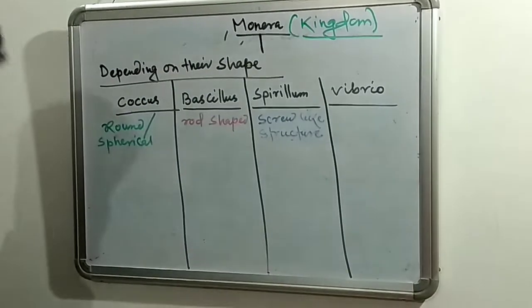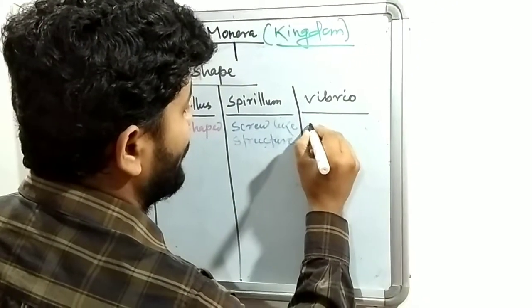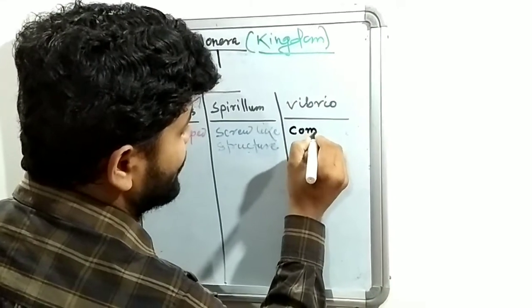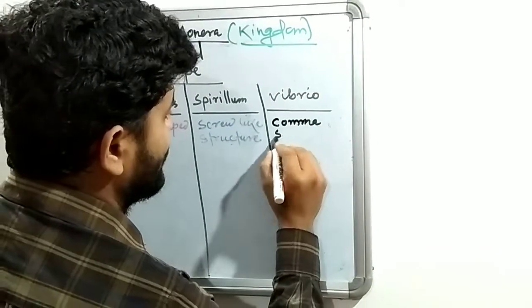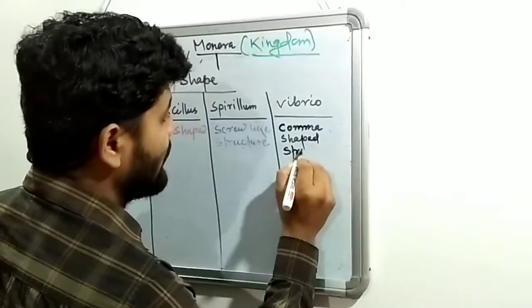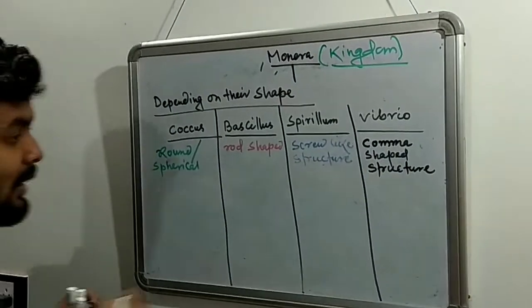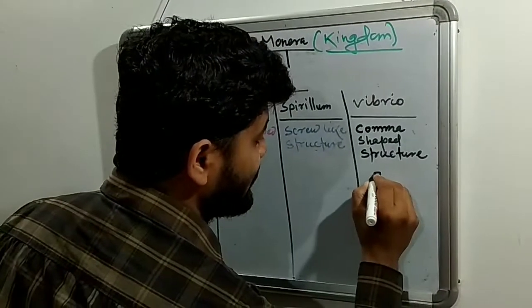On the other hand, vibrio have a comma-shaped structure. How does it look?